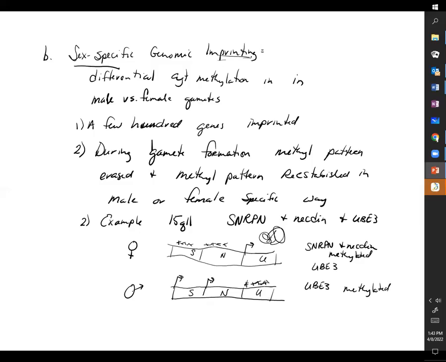SNRPN and necdin, however, are a little bit different. They are expressed. So essentially, these sex-specifically derived genes are expressed really only in one copy. They're expressed either from the paternal or the maternal chromosome, not from both.